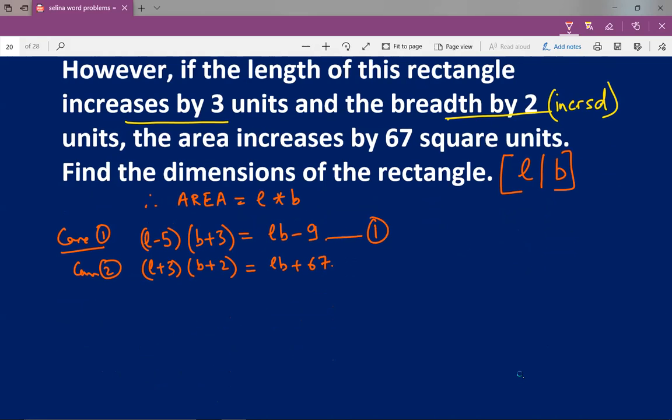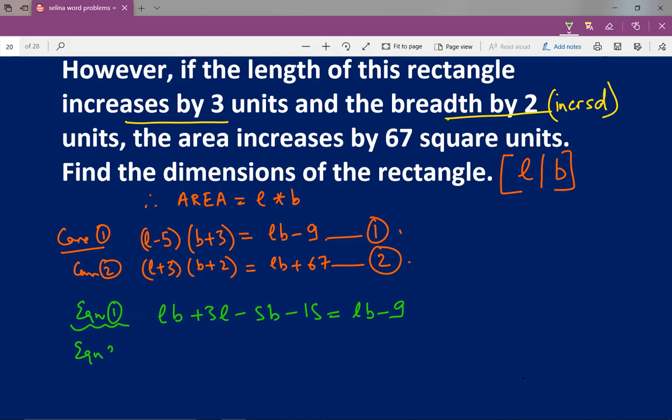Now this seems to be a complicated problem, but it is actually pretty easy. Just have a look. Let me take equation 1 first and open this bracket. So this will be LB plus 3L minus 5B minus 15 is equal to LB minus 9.